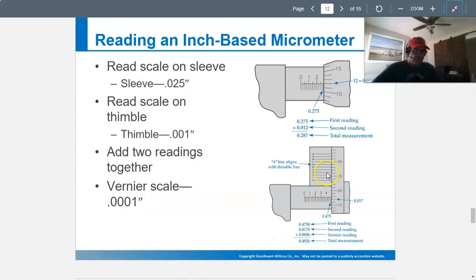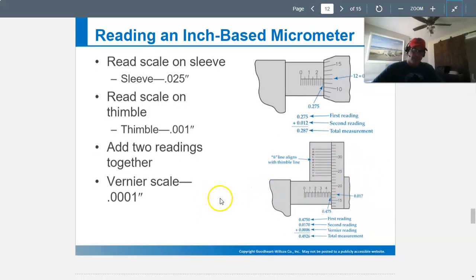I don't think this is part of your homework. You would do the same thing, add the vernier to the 4th place decimal, wherever the thimble aligns on the other side of the barrel, as you have to rotate the micrometer around. That's important sometimes, that you're able to lock the micrometer on the feature to be able to read to the 4th place decimal.